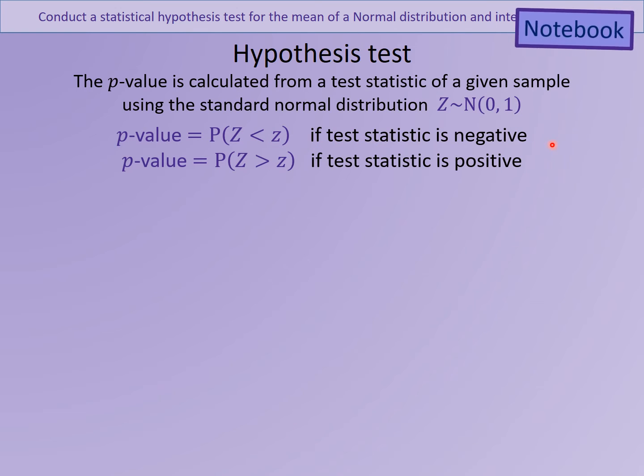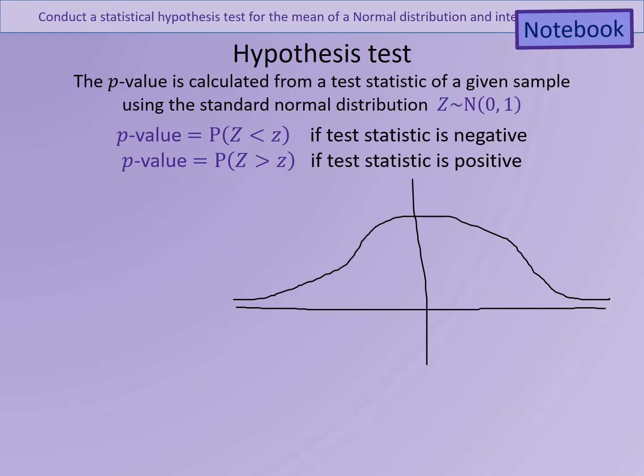So if our test statistic comes out to be negative, we know from our normal distribution curve that we've seen already. So let me just quickly show you what I mean. So this is our normal distribution curve. Oh, it's a very rubbish normal distribution curve. But because that's 0 in the middle, right, which is where that bit comes from, what it's saying is if it comes out to be less than something, then you're talking about it being in this region.